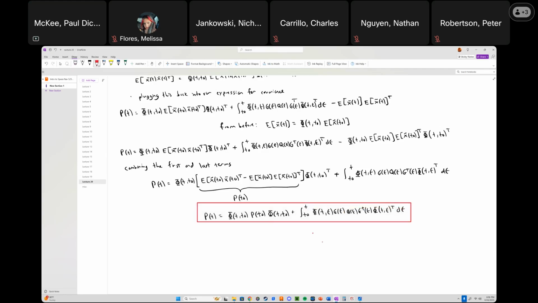Yes, like that. There we go. Where this is our, so we've talked state propagate. This is our covariance propagate.